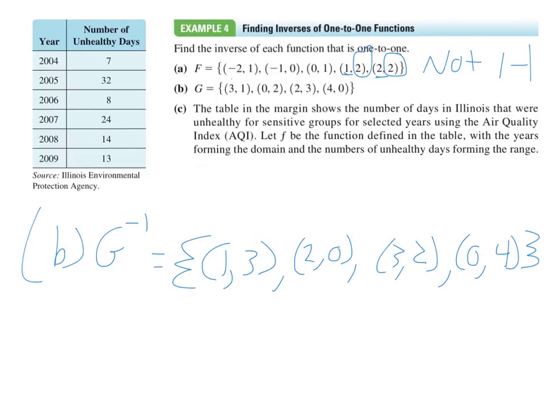days forming the range. Alright, so none of the x values repeat, obviously, because they're listing different years, and none of the y values repeat either, so it is 1 to 1.